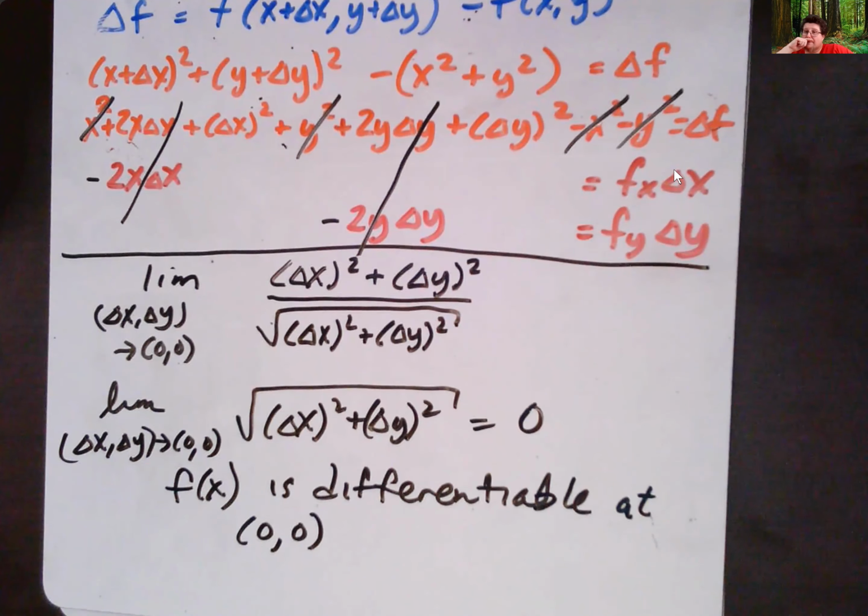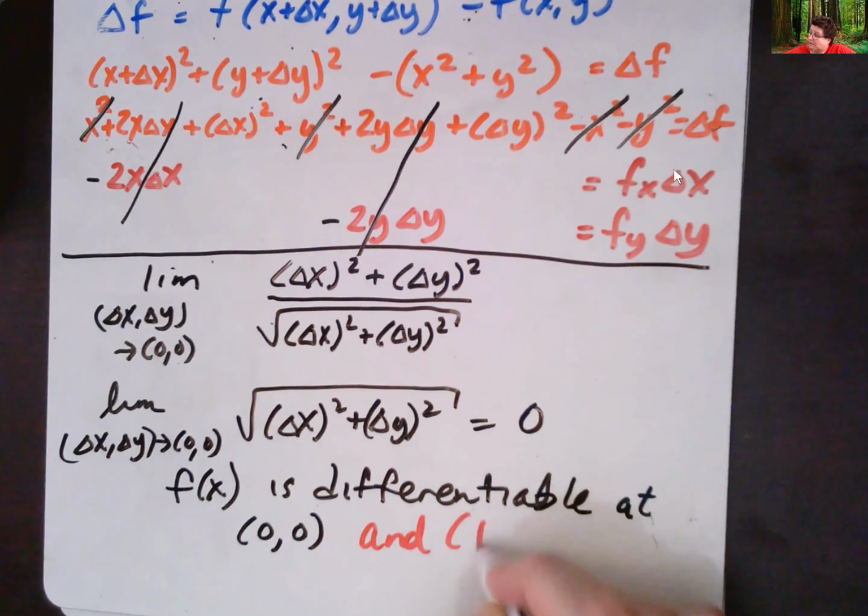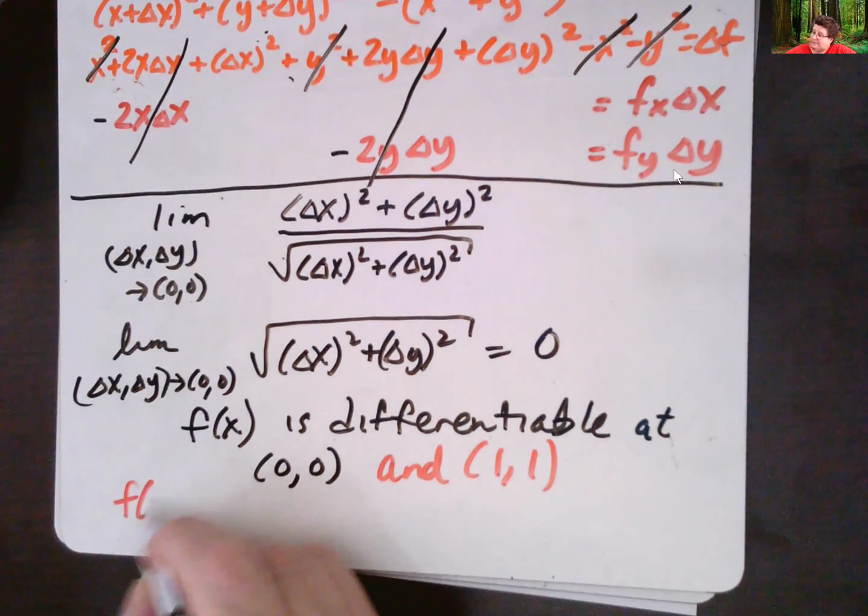Did I ever have to plug in 0, 0 for x, y? No. So this was true for any point. So this is the same thing for 1, 1 as well. So f of x is differentiable everywhere.